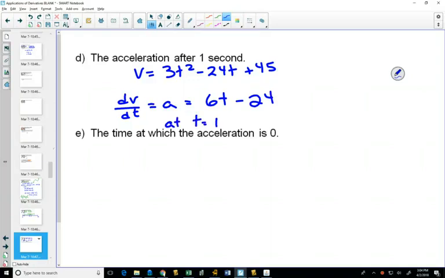At time equals 1, if you plug this in, your acceleration would be negative 18 meters per second squared.